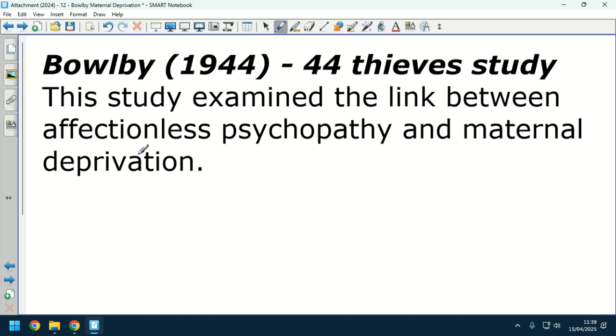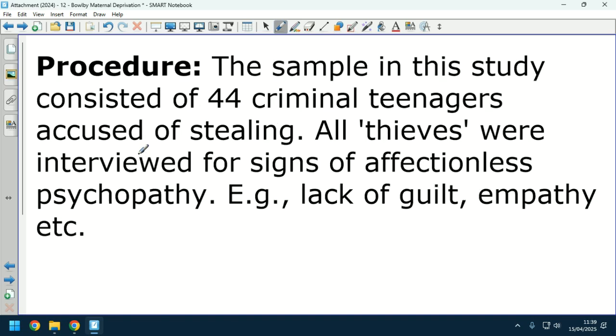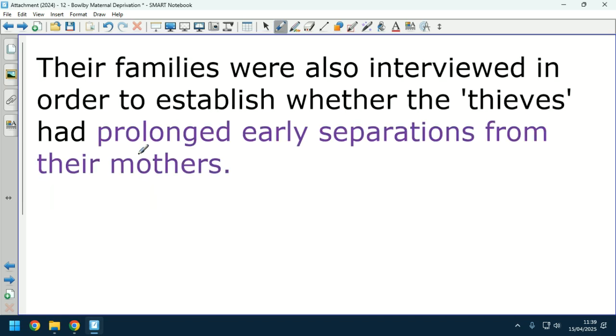But you could argue that this is research support. This is research that he could use to support his theory. He did this research in 1944, where he looked at 44 thieves. So he had 44 criminal teenagers who had been arrested for stealing, and they were interviewed for signs of the affectionless psychopathy I've mentioned previously.